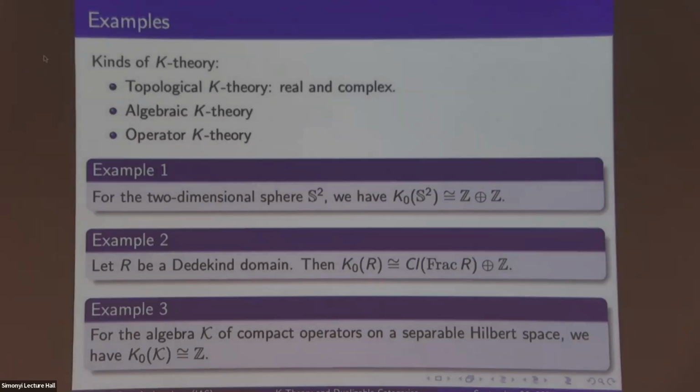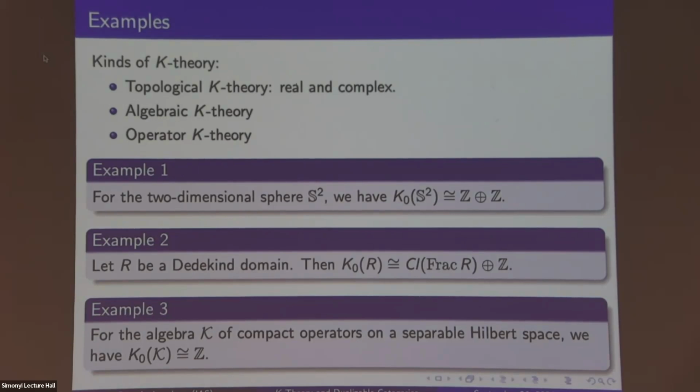Okay, so what kinds of K-theory do we have? This is already what I mentioned. You have topological K-theory, and actually with two different flavors: you have algebraic K-theory and operator K-theory. Let me give you some examples. I think it's going to be maybe the only examples in this talk. You can compute the K0 group of the two-dimensional sphere.